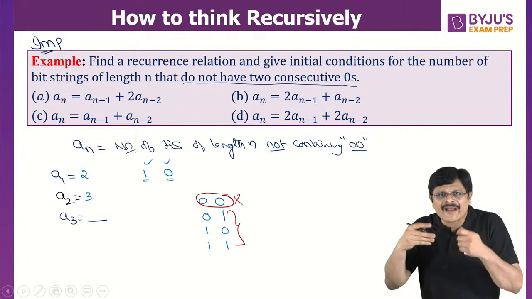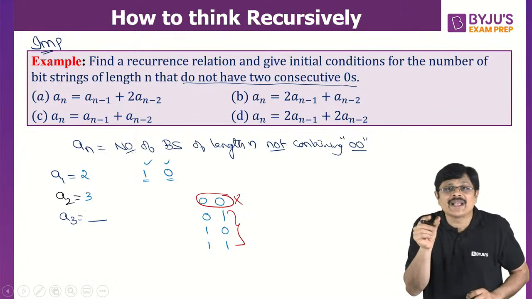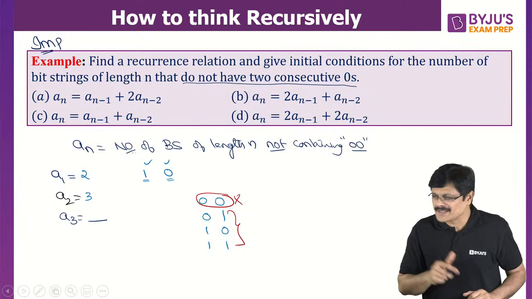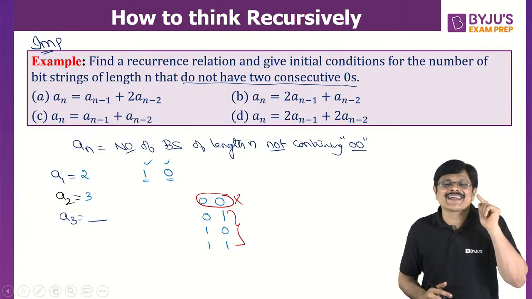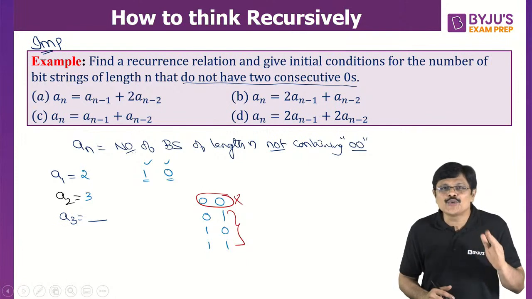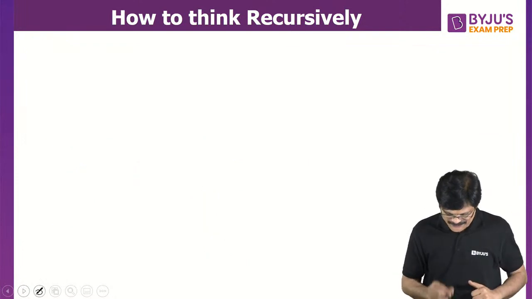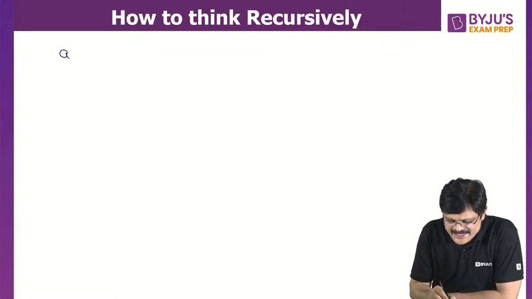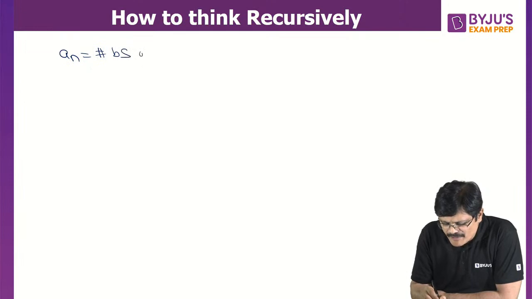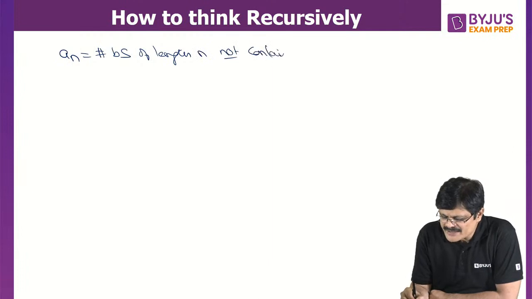This is how we can write down and check 0 0 कहाँ पे नहीं है, वो सब चेक करके लिख सकते हैं. But we are learning how to think recursively. We are learning how to think recursively. So इसके लिए क्या करना पड़ेगा? देखिए, ध्यान से देखिएगा. An is number of binary strings of length n not containing pattern 0 0.